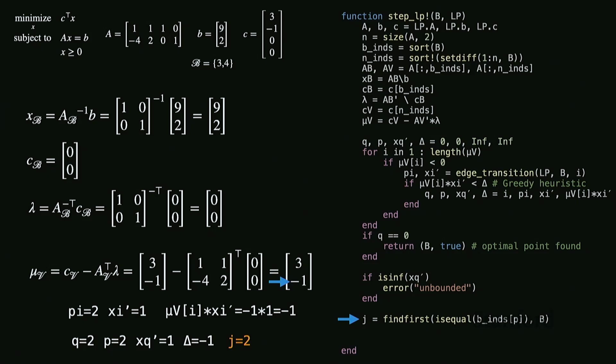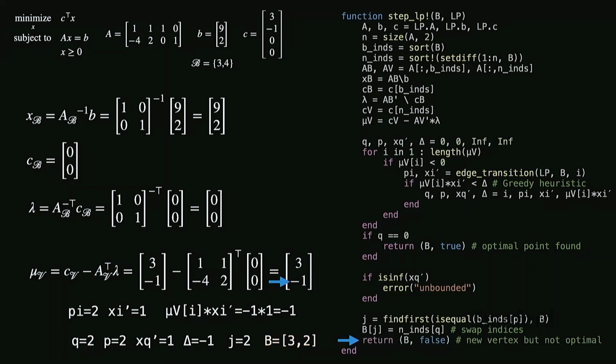So that's all that line is doing. And now we actually do the swap here, where we're saying the second component of B, it was 4, so the fourth index, it's now becoming 2, because that's the swap that we found. So we're just doing that swap now to update our basis partition here. And then finally, we return the basis that we found with a false, since it wasn't the optimal basis.